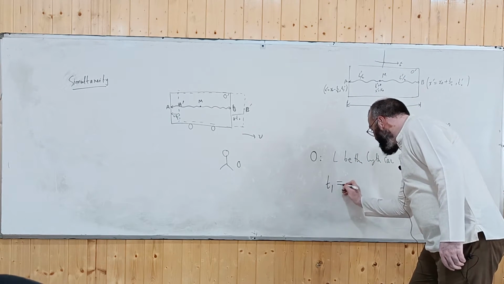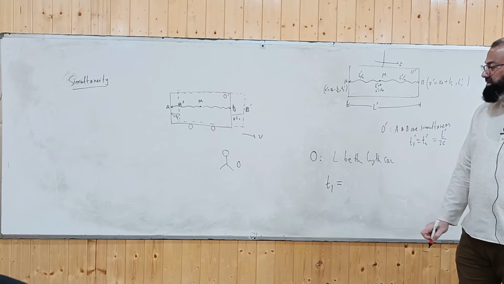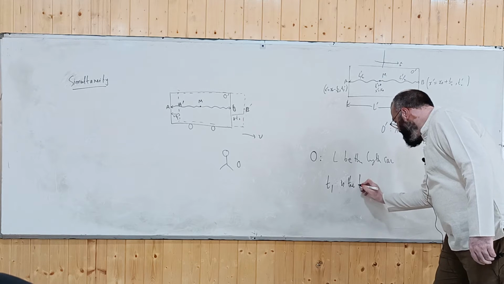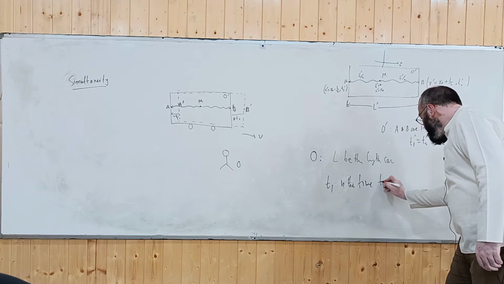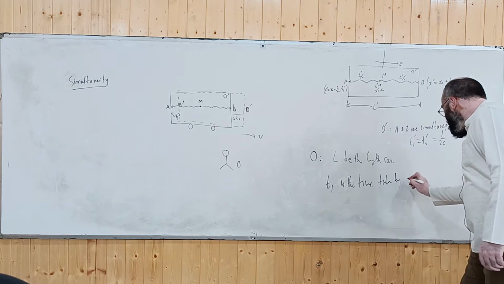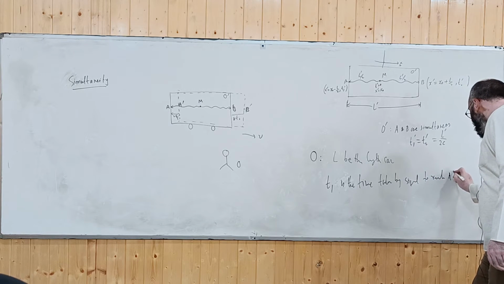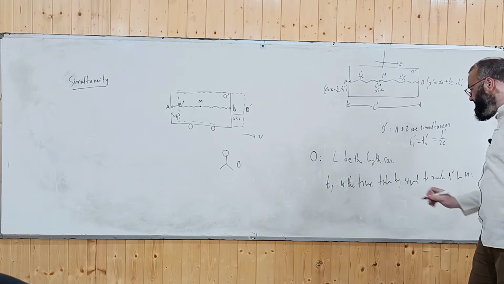Let's write T1. T1 is the time taken by the signal to reach A prime from M. How much is that?